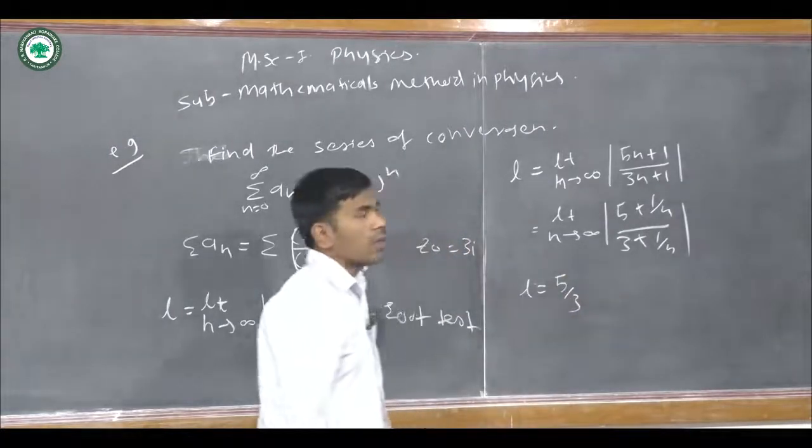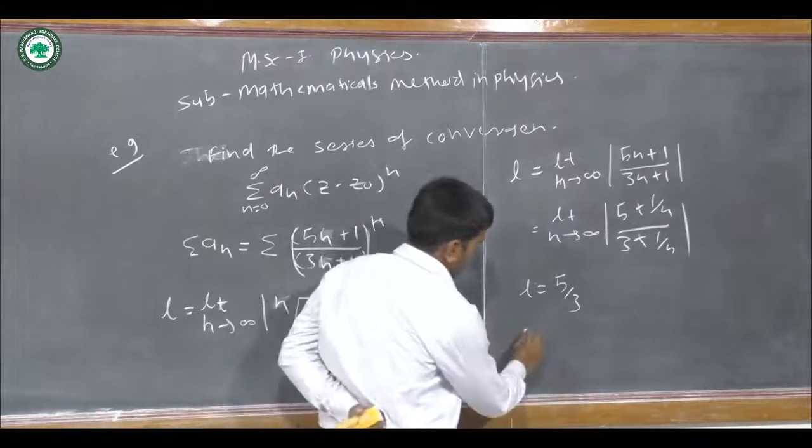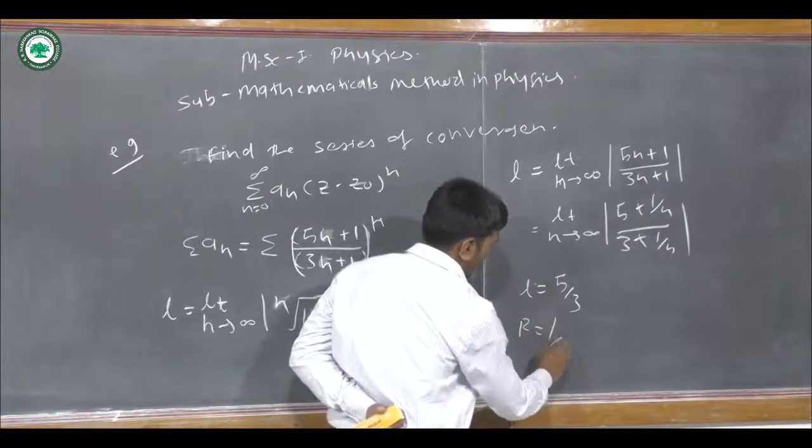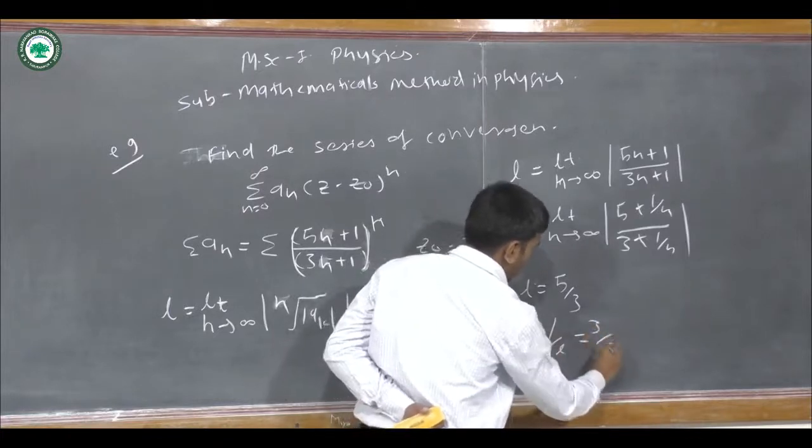Okay, now from the radius of convergence, we know R is equal to 1 by L, so R is equal to 3 by 5.